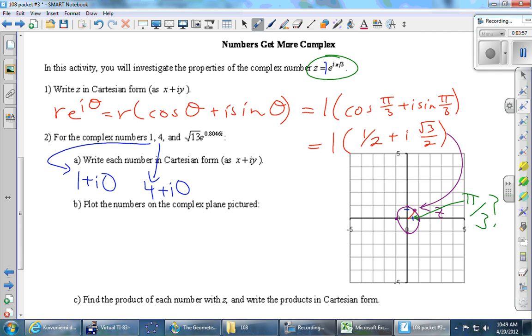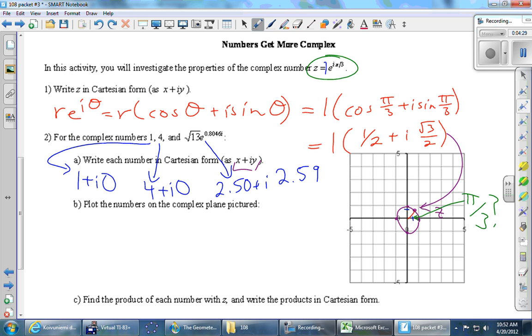Make sure you're in radians when you use the calculator. Todd, can you say that louder? 2.51 plus i times 2.59. Anybody agree or disagree? 2.50. 2.598.